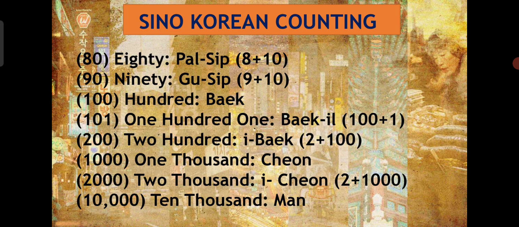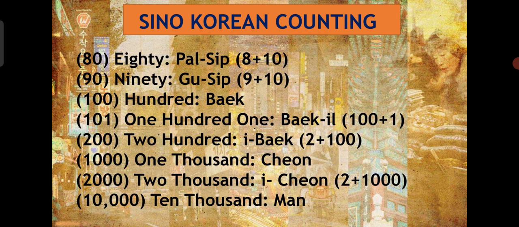200 is e bek. E is 2, bek is 100. So it becomes e bek. 1000 is chun, which is also the same in the native Korean counting system. 2000 is e chun.